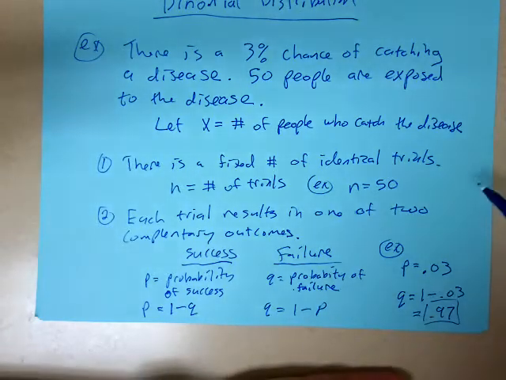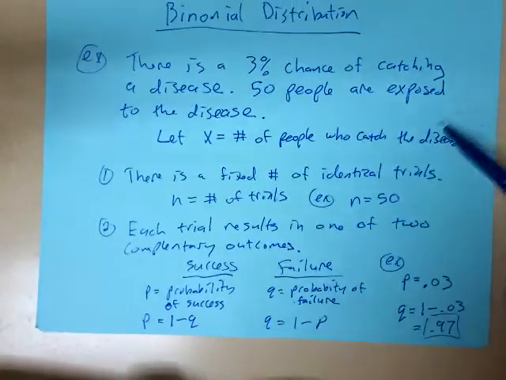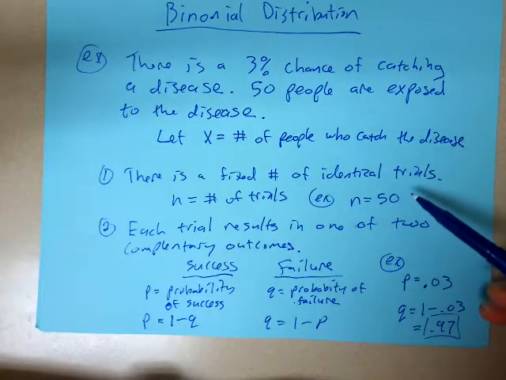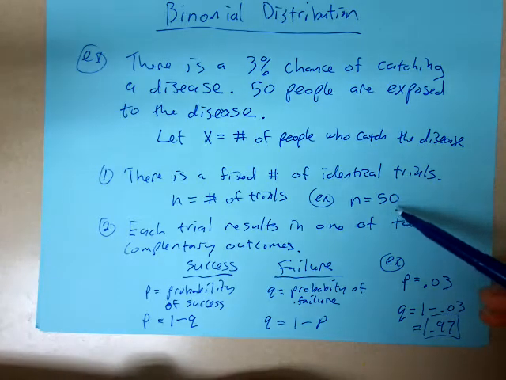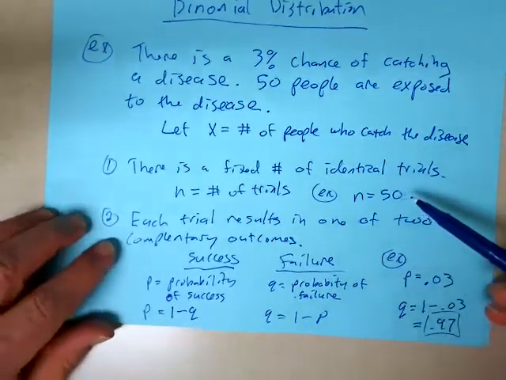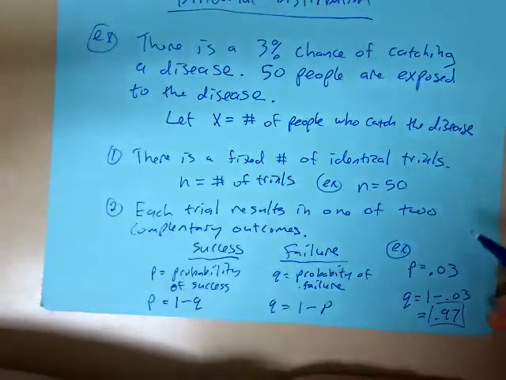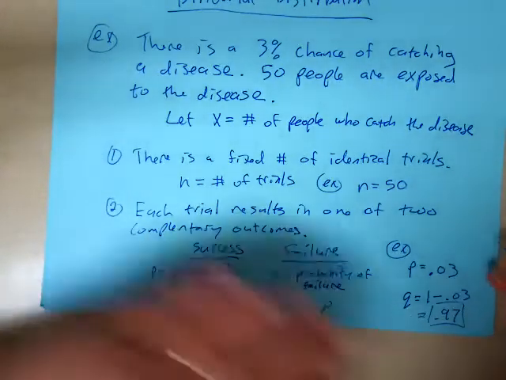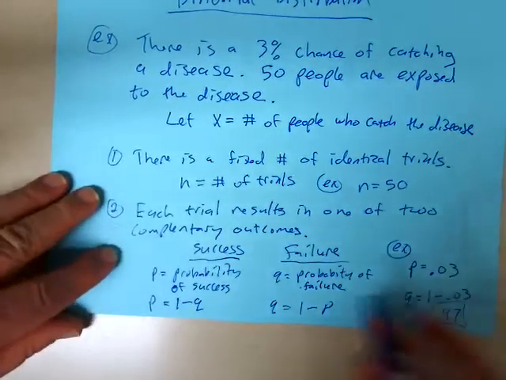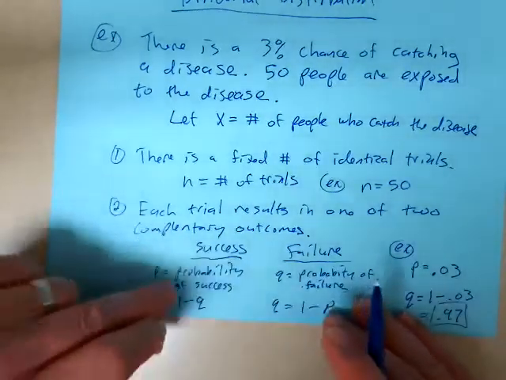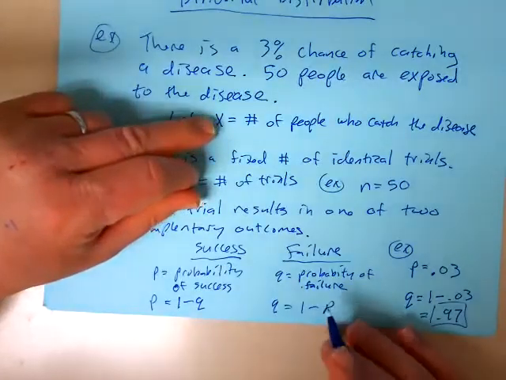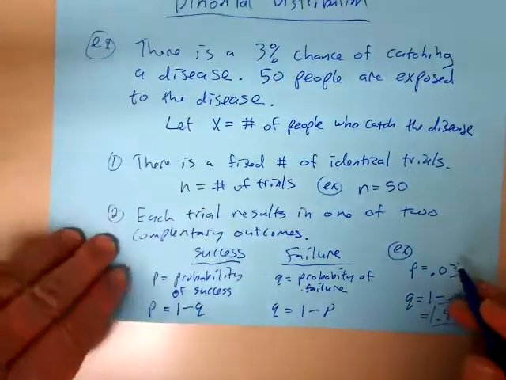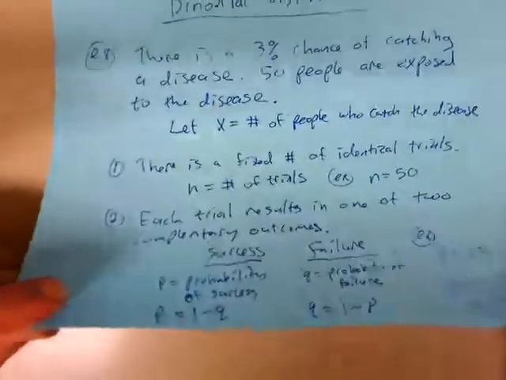Okay, so a random variable is binomial when there's a fixed number of identical trials, and n is equal to the number of trials. Each of these trials results in one of two complementary outcomes, a success and a failure. The success is what X is counting. The failure is the other outcome, and P and Q are the probabilities.